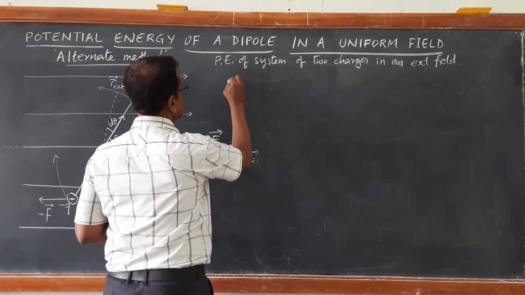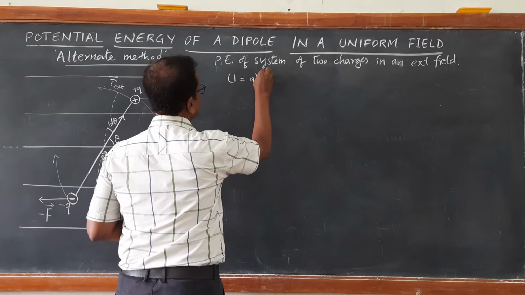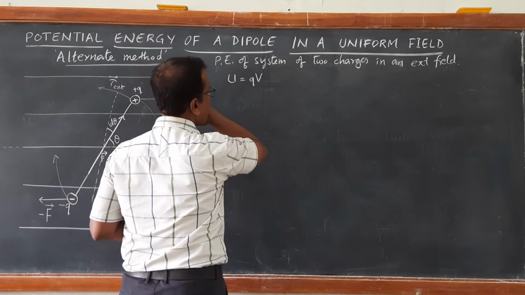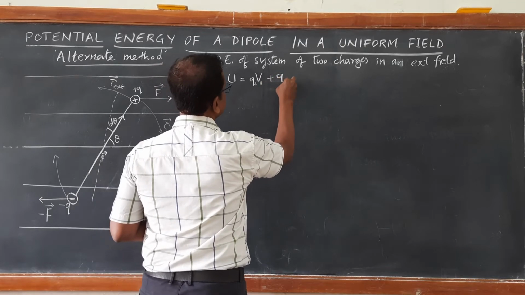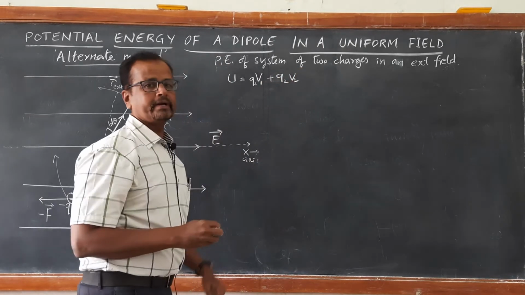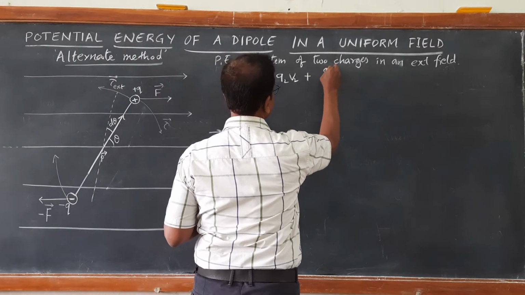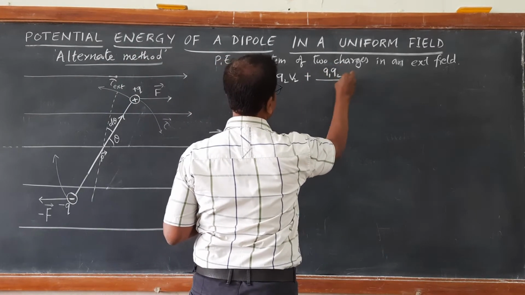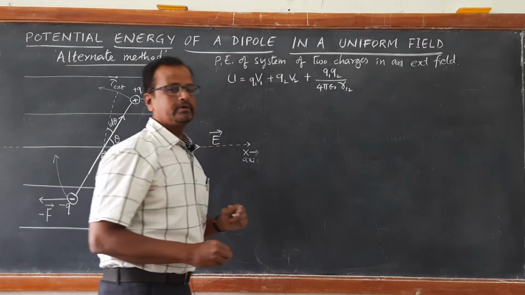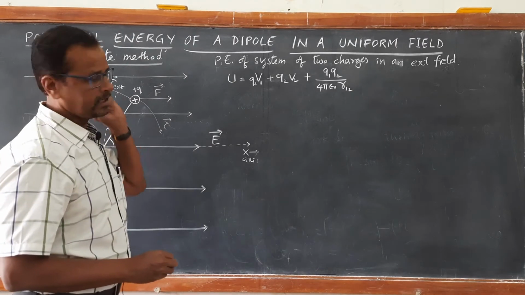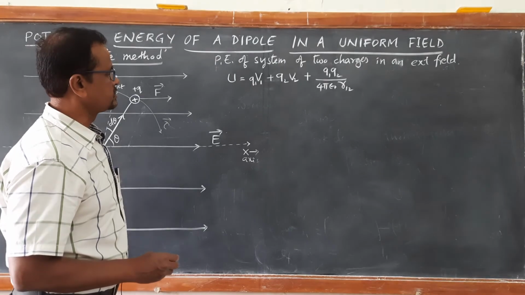Yesterday we had derived U is equal to Q1 V1 plus Q2 V2 plus Q1 Q2 by 4 pi epsilon naught R12, where R12 is the distance between the charges, right? This is the equation that we have used in the previous session.